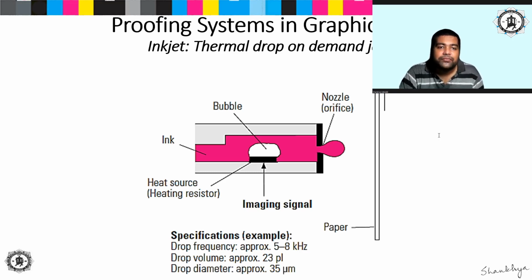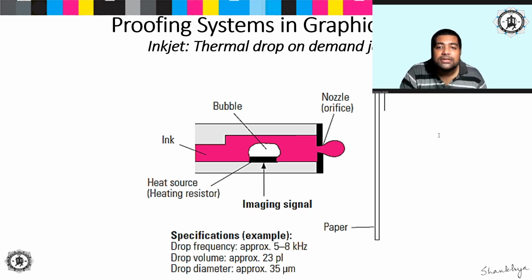Okay. Now let us see a specific type of the drop-on-demand, which is basically your thermal drop-on-demand. Now, with the thermal technology, which is also called bubble jet method, the print head consists of an ink reservoir with a flexible casing, as you can see in front of you, in which a certain pressure is maintained.